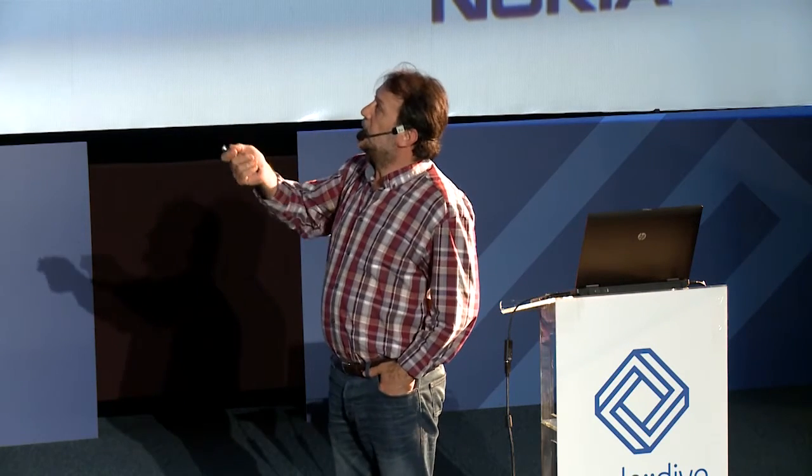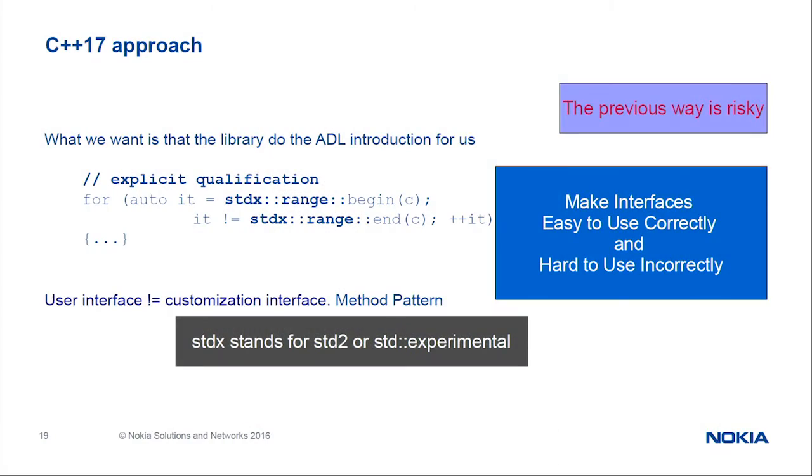I have used stdx here to say a standard, maybe the future standard or the std experimental, it doesn't matter. And here we are trying to make the use easier, because even if we need to be very explicit, there is less risk, and this is what we want. We want the functions to be harder to use incorrectly.